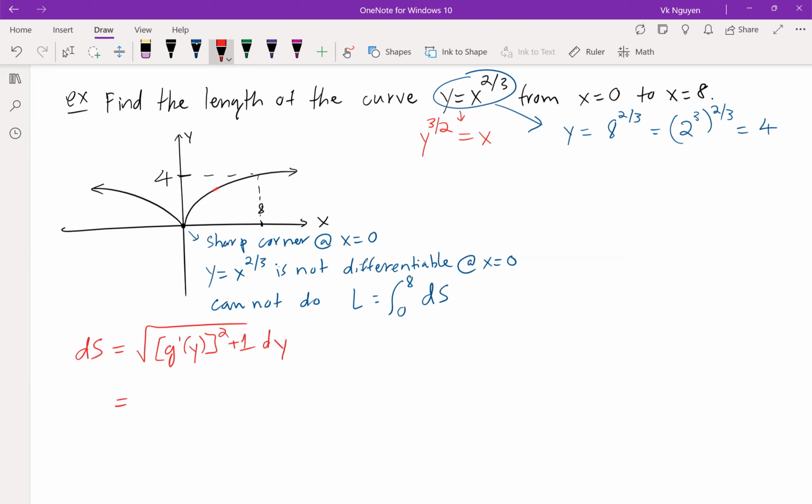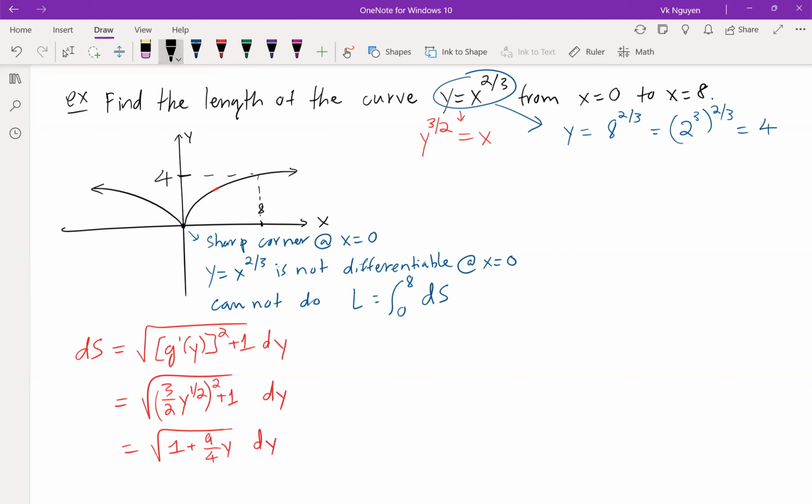And the derivative is 3 over 2 y to the 1 over 2, squared, plus 1 dy. We can simplify this to get root of 1 plus 9 over 4 y dy.